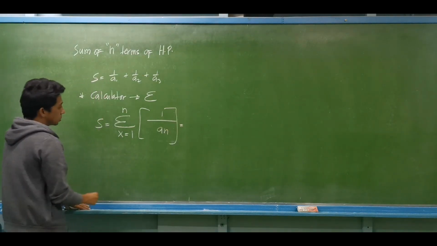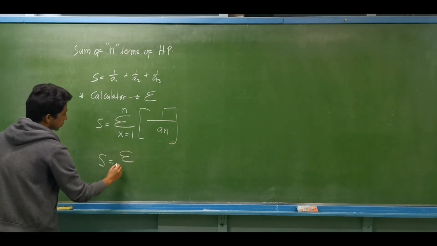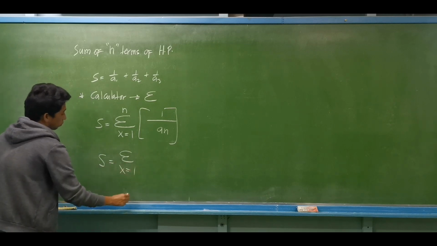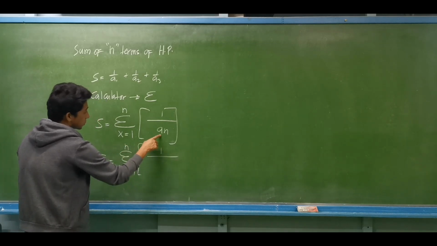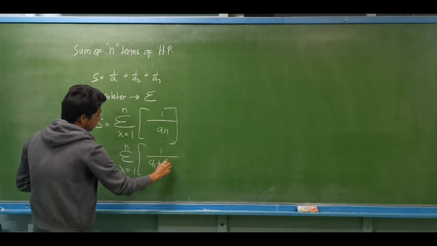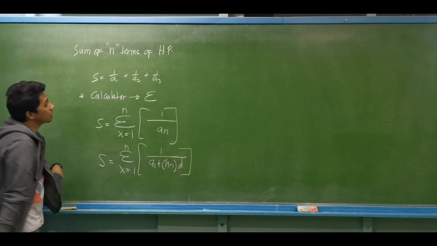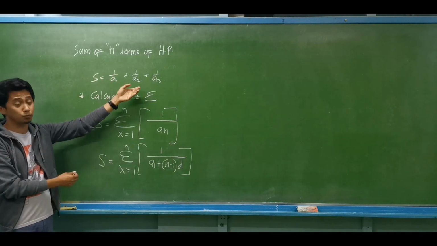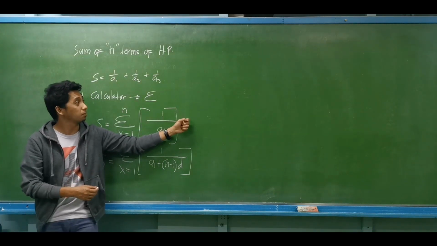What is a sub n for arithmetic progression? That is the first term plus n minus 1 multiplied by the common difference. So we cannot use the summation formula for arithmetic progression.